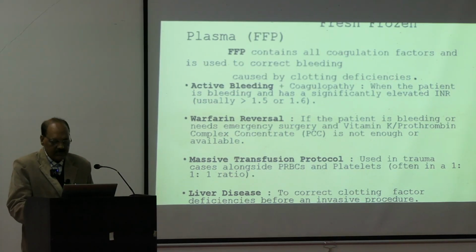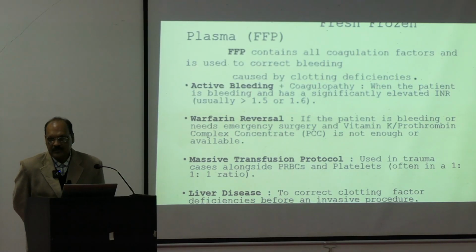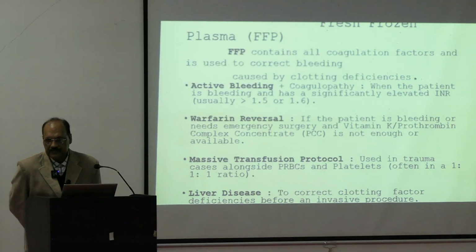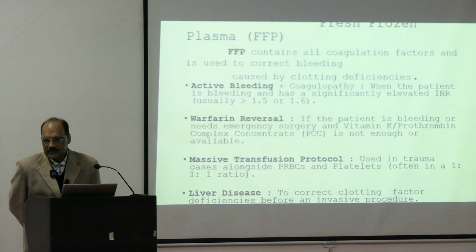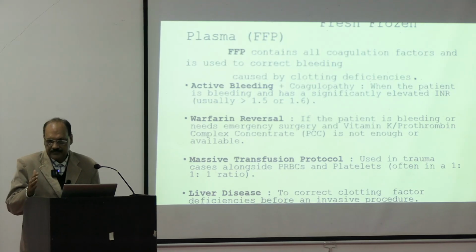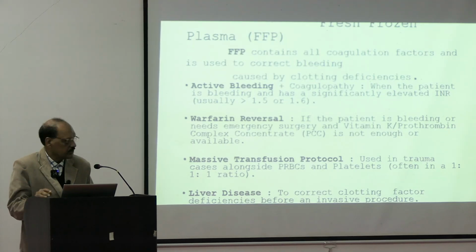Its indications are active bleeding plus coagulopathy. If there is active bleeding or coagulopathy, when the patient is bleeding significantly, when there is elevated INR. What is INR, do you know? The ratio between the patient's normal BT with the expected value.